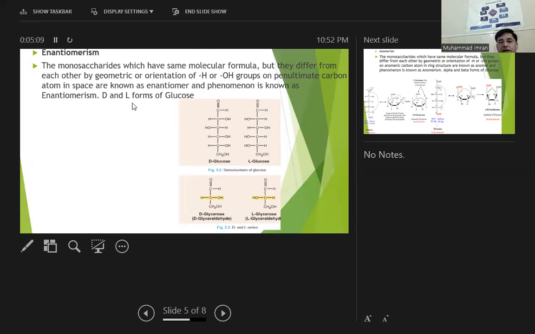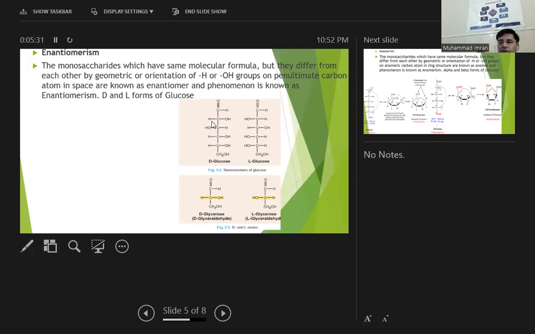It means if the penultimate carbon hydroxyl group is on the right side, it is known as a D monosaccharide, and if the penultimate carbon has the hydroxyl group on the left side, then it is known as an L monosaccharide.